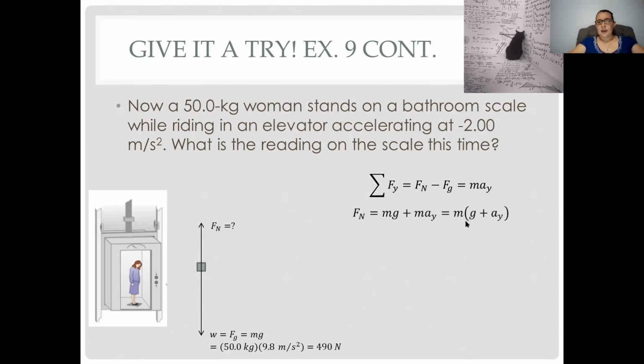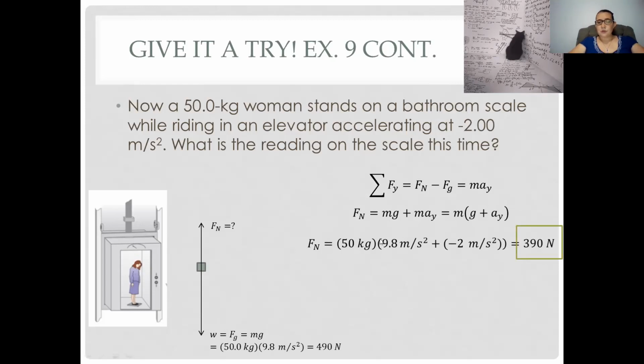So again, once we take our force of gravity and move it over to the other side of the equation, we get the same setup that we had before, right? We've taken out the mass because that's common in both terms, and now we have mass times g plus a, except now a is negative.